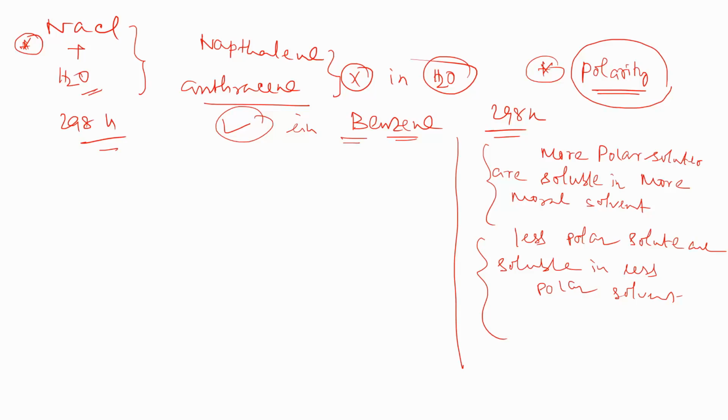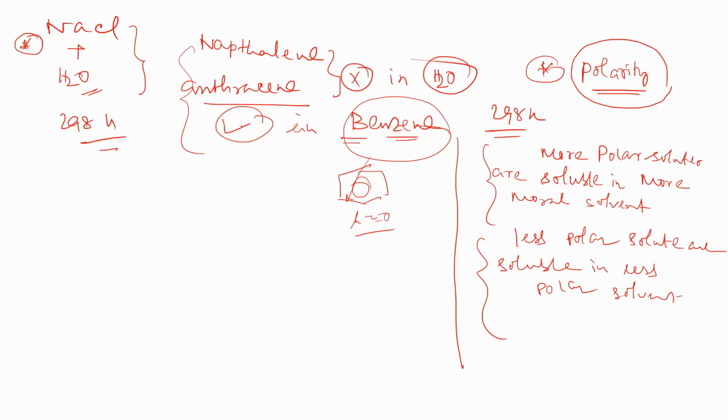Here, anthracene and naphthalene, this type of molecule, are less polar. That's why they are soluble in less polar solvent. Benzene is a less polar solvent because we know that its dipole moment is 0.